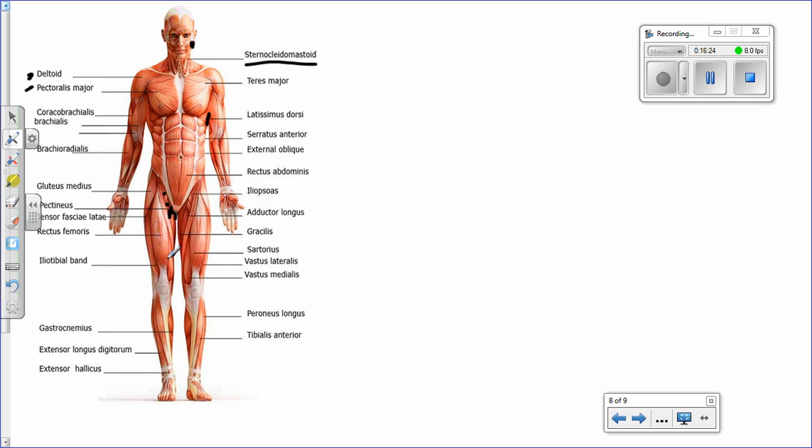Rectus femoris, one of the ones that is considered part of your quad muscle. You have to know vastus medialis. Medial means midline, so here's medialis. And vastus lateralis. On the lower leg, you have to know the tibialis anterior, right here. It helps raise your toes. And the peroneus longus, just outside that.